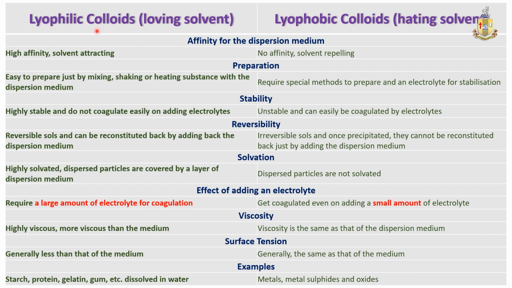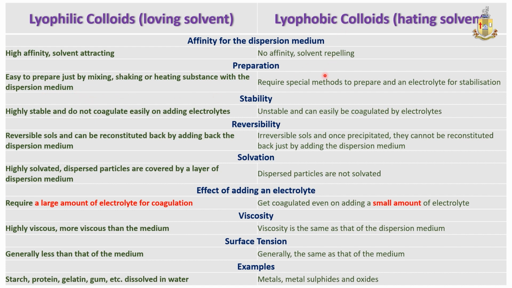You can differentiate lyophilic and lyophobic colloids based on many factors. First, based on the affinity for the dispersion medium, colloids which have high affinity are called lyophilic, and colloids which have no affinity or very low affinity are called lyophobic colloids. Lyophilic colloids are easy to prepare just by mixing, shaking, or heating the substance with a dispersion medium.